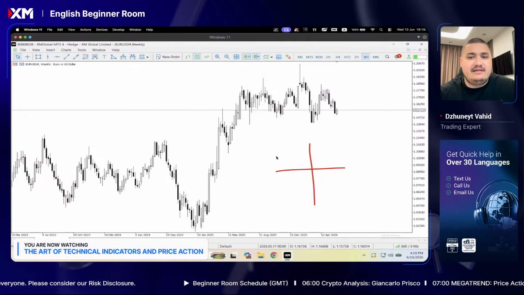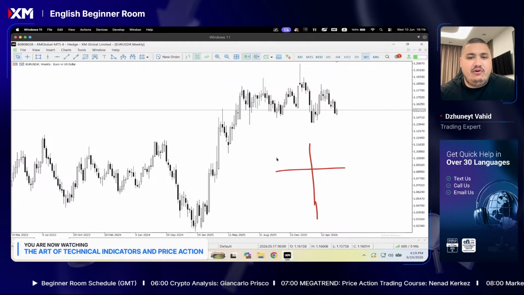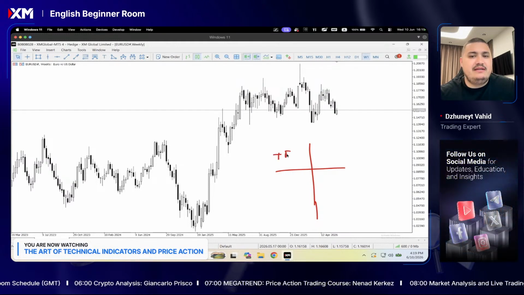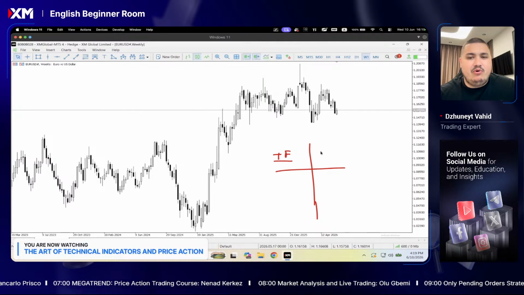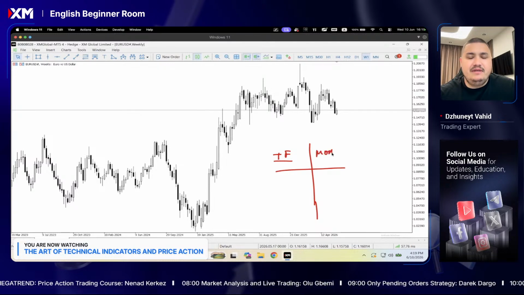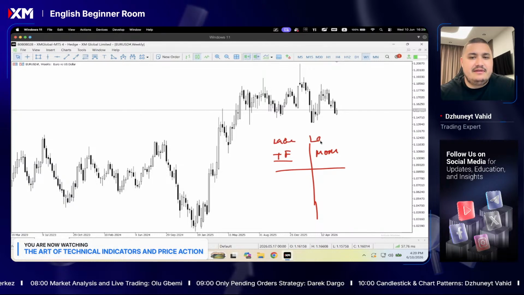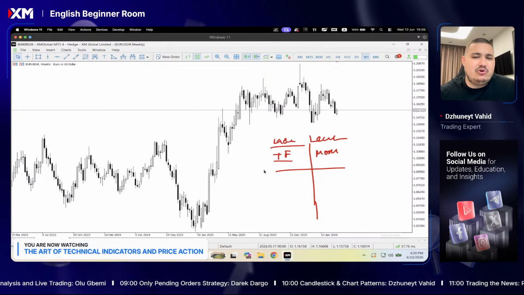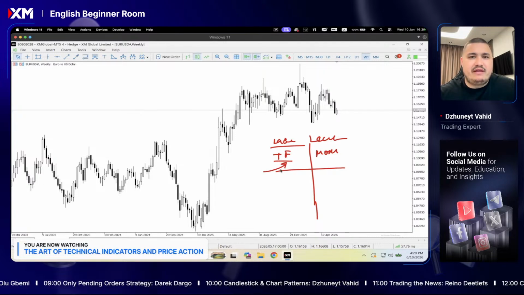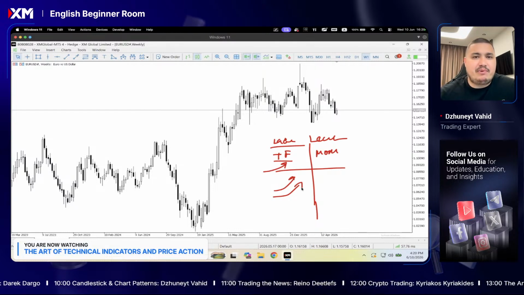So technical indicators are also in different categories. They have trend following indicators and momentum indicators, or lagging and leading. Lagging indicators are most, if not all, types of moving averages, trend following indicators, because they are lagging behind the price.